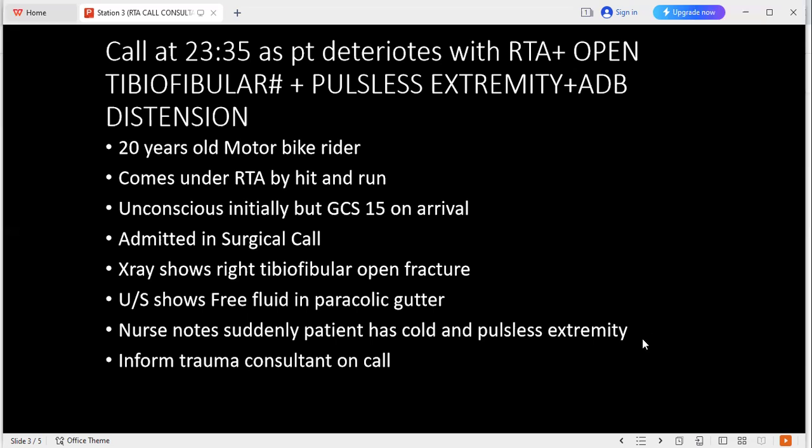Could be vascular injury. It could be arterial spasm. It could be kinking of the blood vessels. Also, maybe compartment syndrome. Okay, so what do you think is the most common, vascular injury or compartment syndrome? Most likely to be the vascular injury.